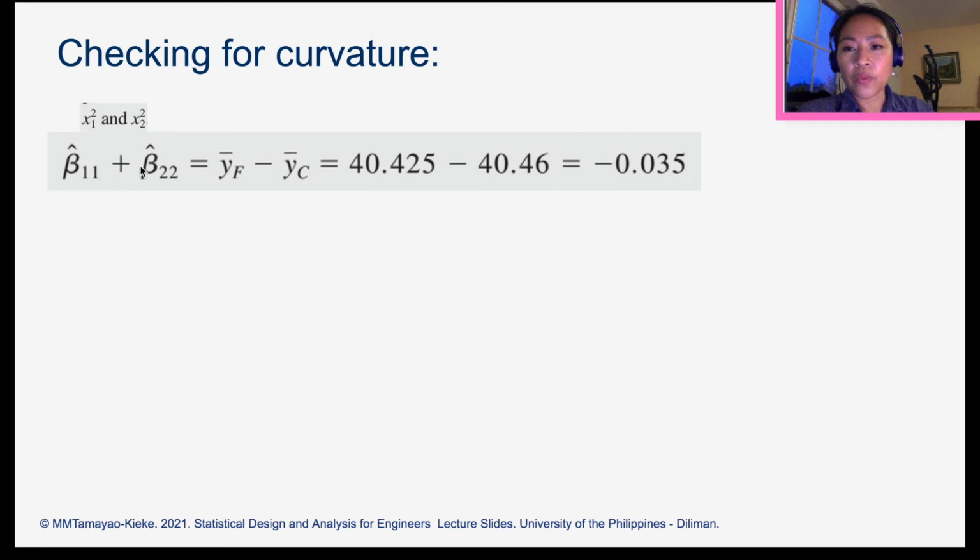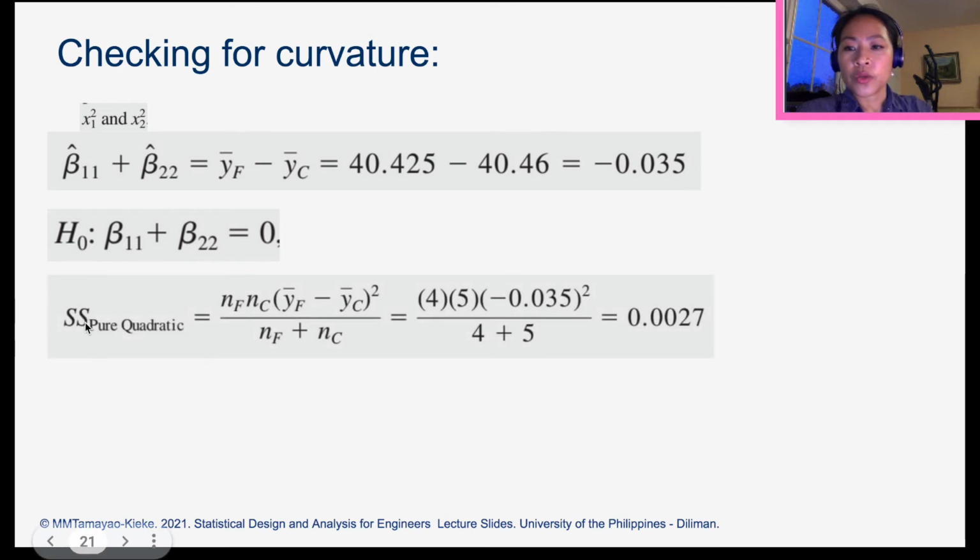Beta 11 hat plus beta 22 hat is also equal to the mean of the responses from the factorial part of the model minus the mean of the responses from the center points, and this is equal to negative 0.035. Now, we want to test the null hypothesis that beta 11 plus beta 22 is equal to 0. If we reject this null hypothesis, then that would indicate that there is a significant curvature in the model.